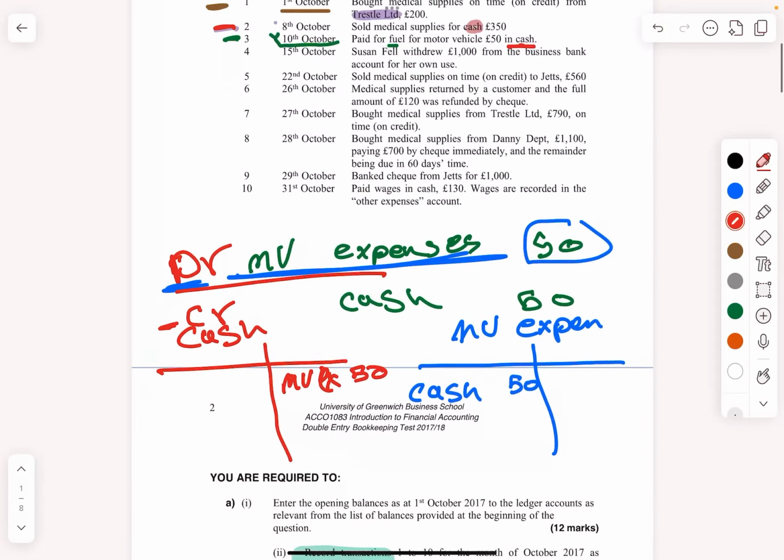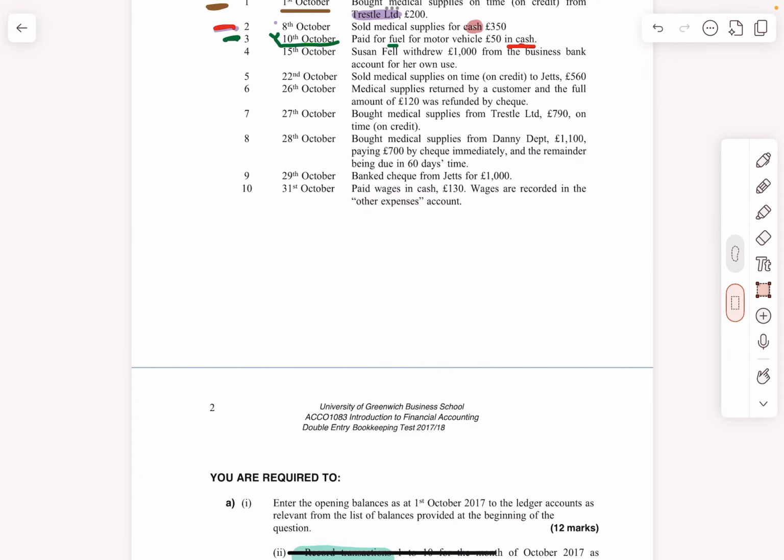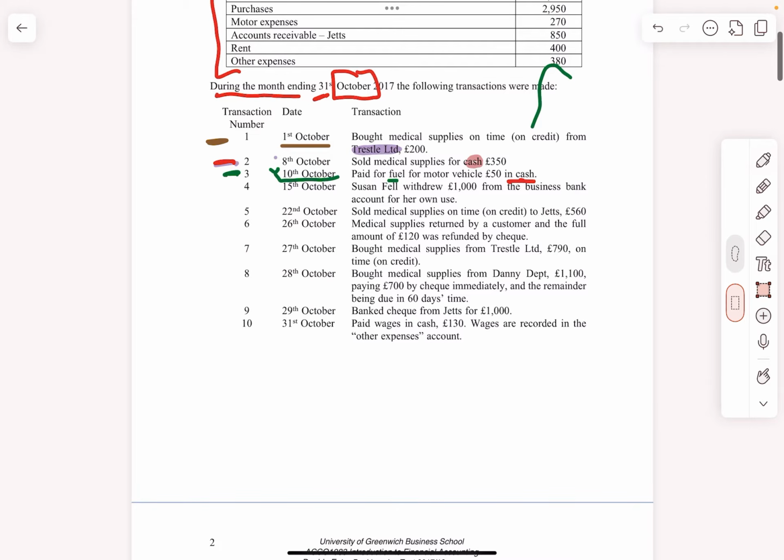Okay, let's take the fourth one. I know it's long, guys, but we have to go through one by one so you can understand. Now the number 4 transaction says Susan Fell withdraw. Susan Fell is the owner.